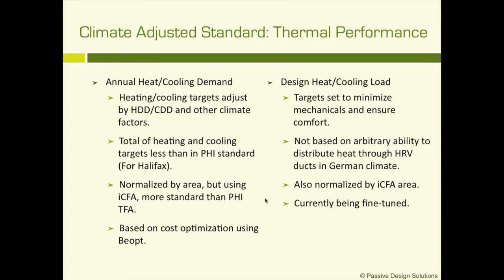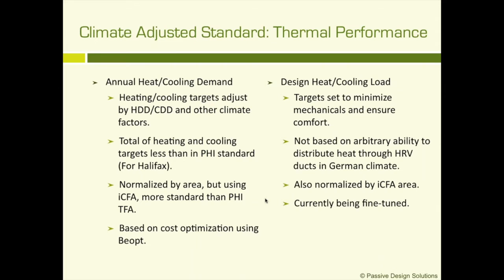So with the climate-adjusted standard on thermal performance, the heating and cooling targets are adjusted by the heating degree days, but also other climate factors like solar access and solar radiation.